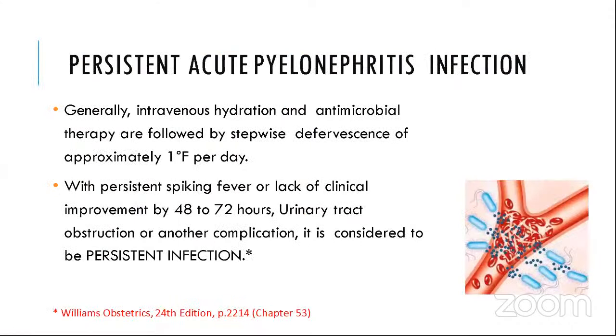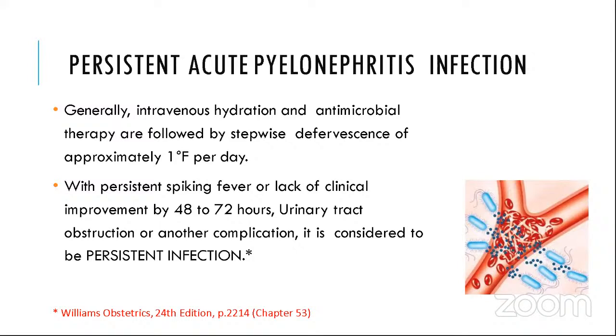This is persistent acute pyelonephritis infection. Generally, intravenous hydration and antimicrobial therapy are followed by stepwise defervescence of approximately 1 degree Fahrenheit per day. The temperature has to be reduced by proper hydration of the patient and proper therapy.